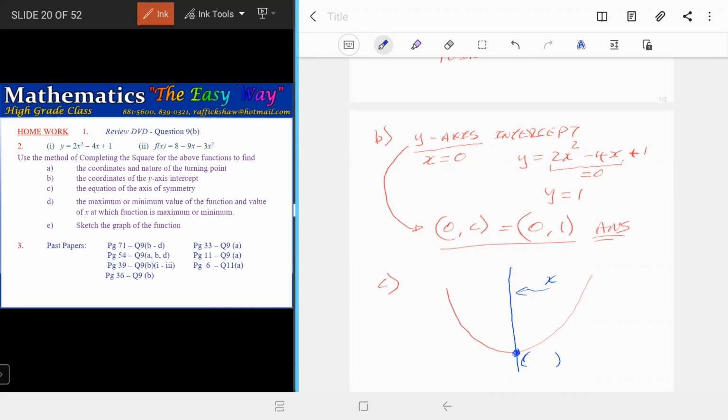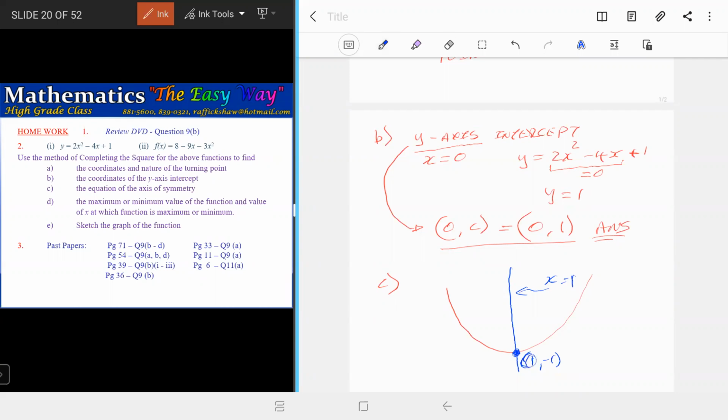Since it passes through the point where the x value is 1 and the y value is -1, the equation is x equals 1. All points on this vertical line have an x value of 1. That's why the equation of that vertical line is x equals 1, which happens to be the axis of symmetry. So the axis of symmetry is x equals the x_T value, which is the value right here.